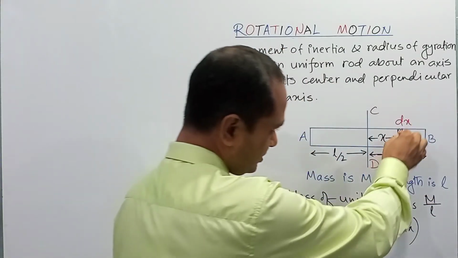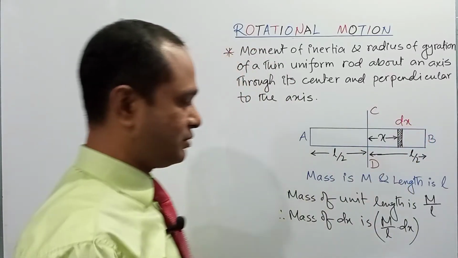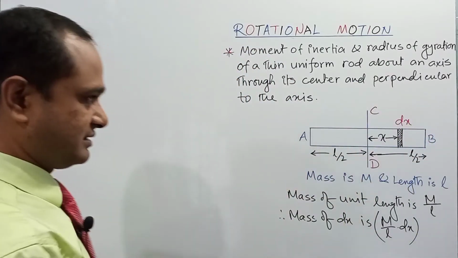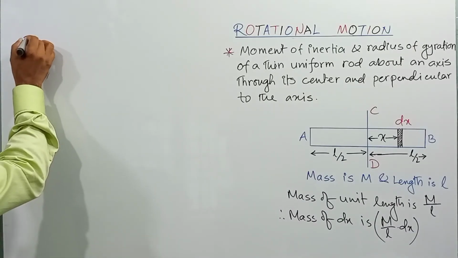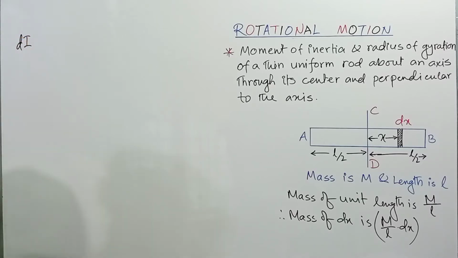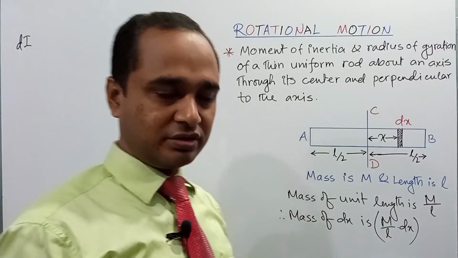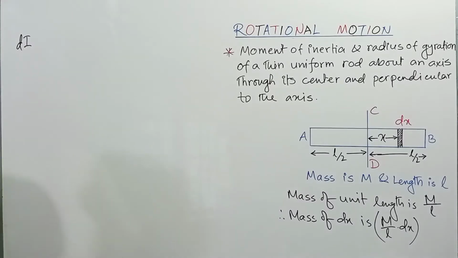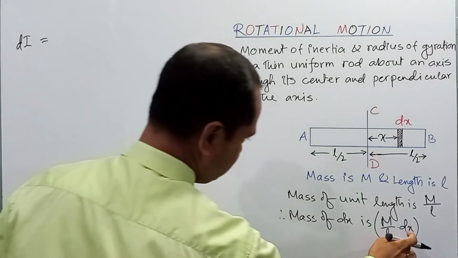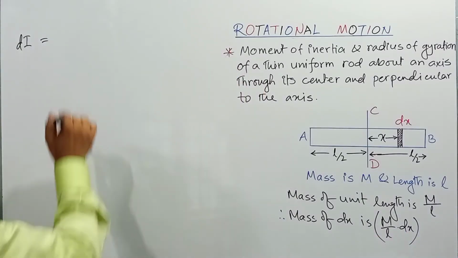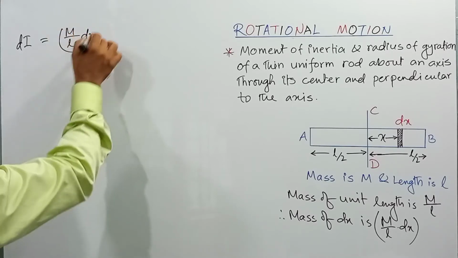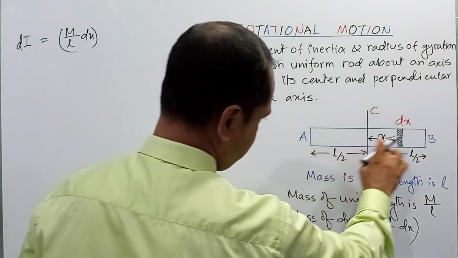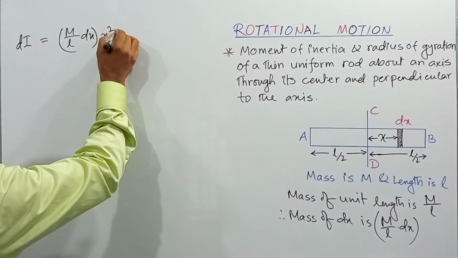First we need to determine the moment of inertia of this portion with respect to the axis. Now we can write the moment of inertia, since this is a small portion, denoted by dI. dI is equal to the mass, M divided by L into dx, multiplied by the square of the distance, which is x, so multiplied by x square.